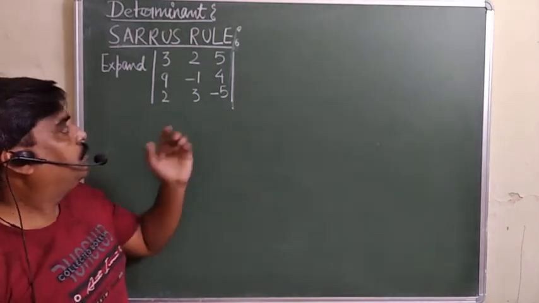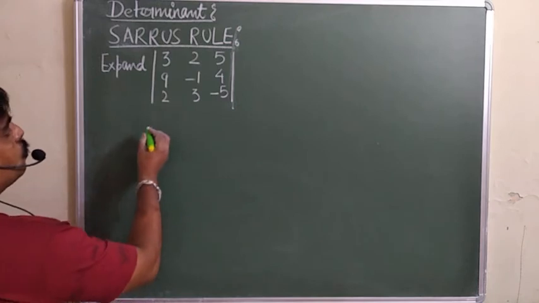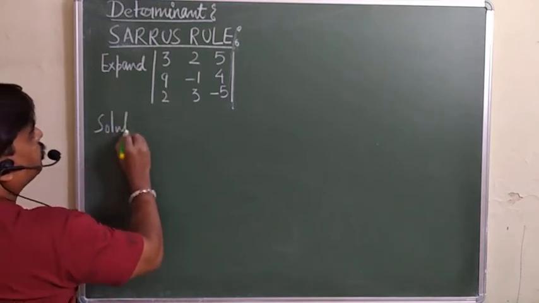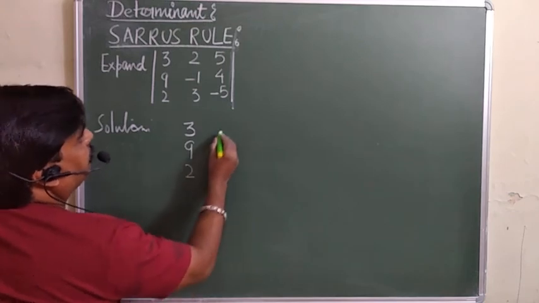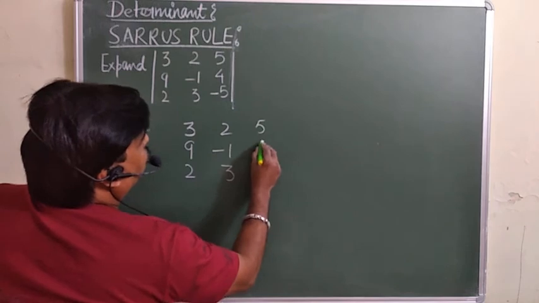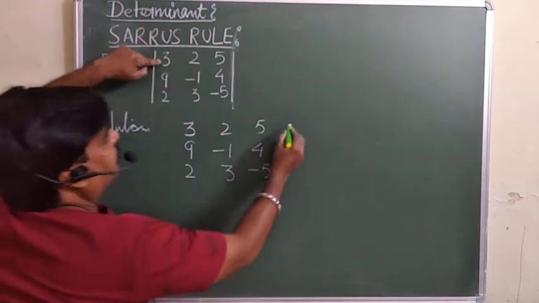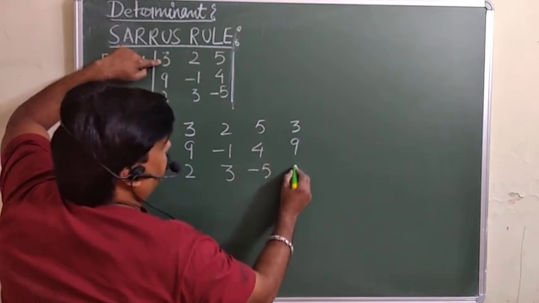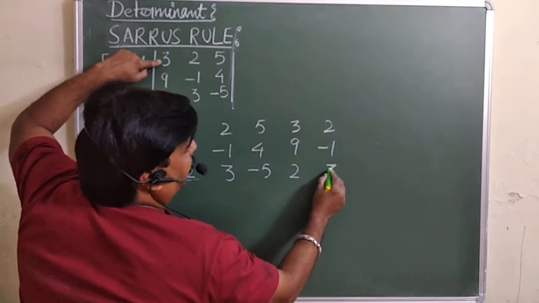Now we have to find the determinant of this one by Sarrus rule. According to Sarrus rule, we write the elements as usual, but we repeat the first two columns, here 3, 9, 2, 2, minus 1, 3.